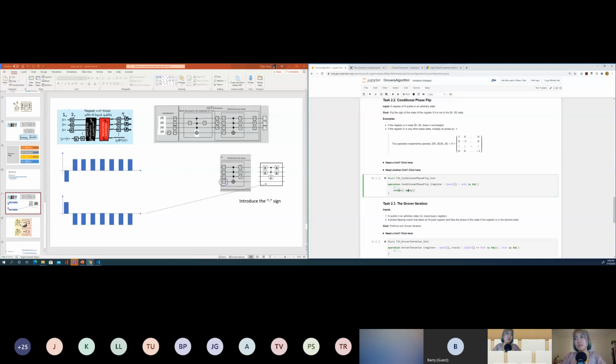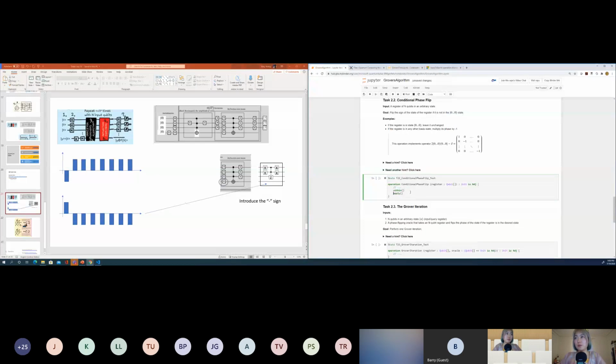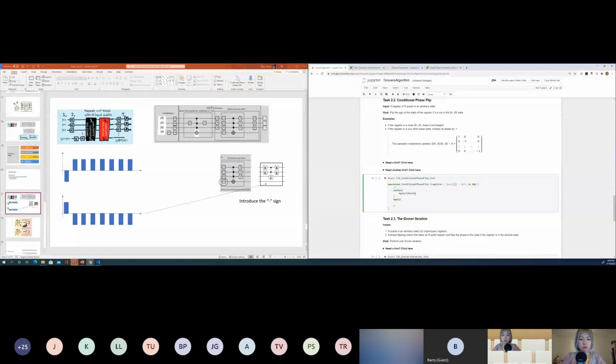That means that within these things, you can apply this here. So you can do within, again, apply to each, and again it's asking for the adjoint version, so we put an A there. The X to the register.